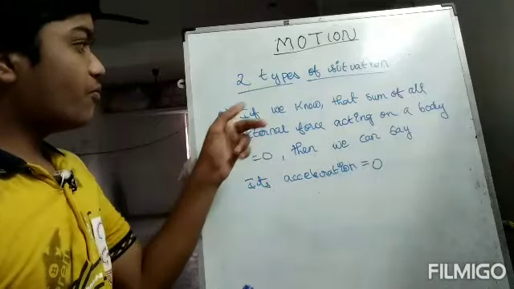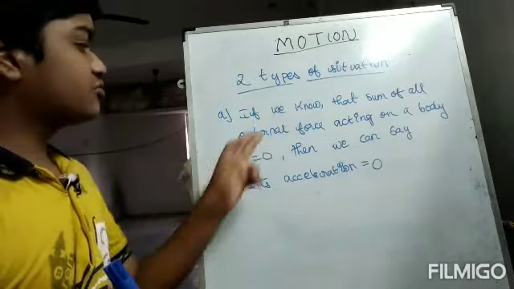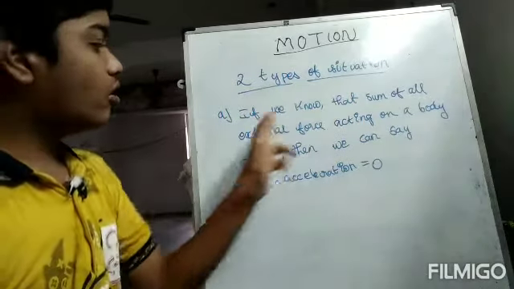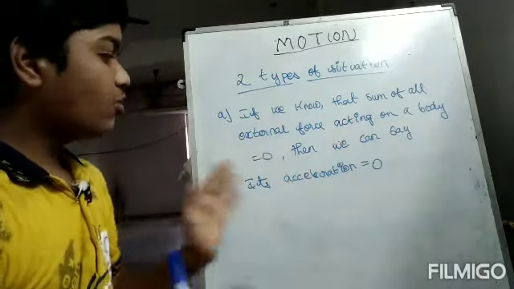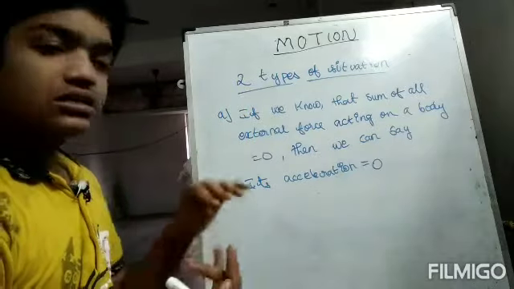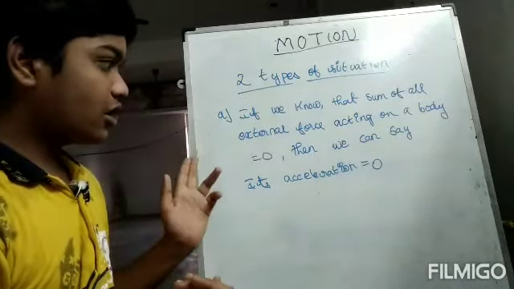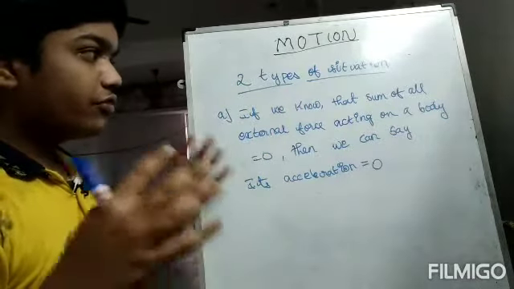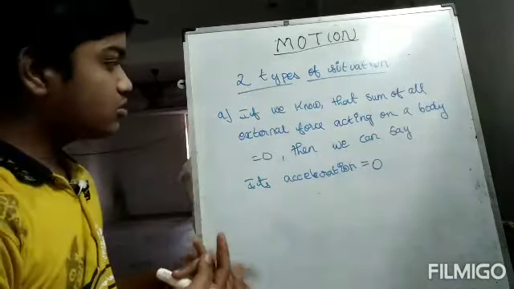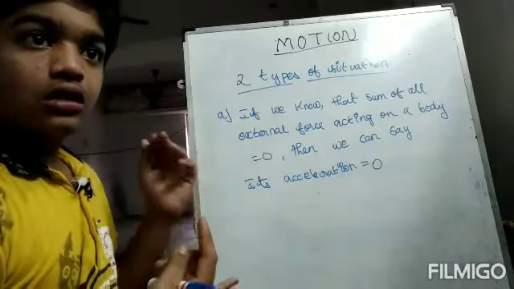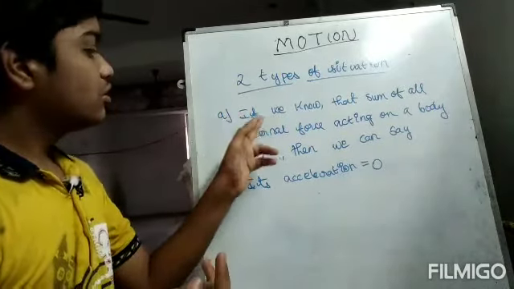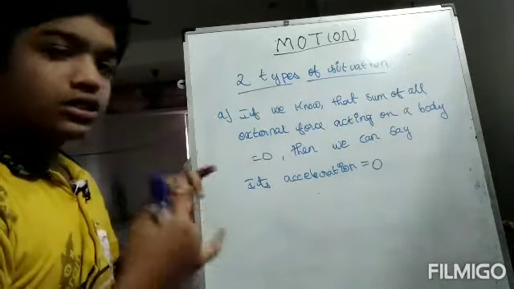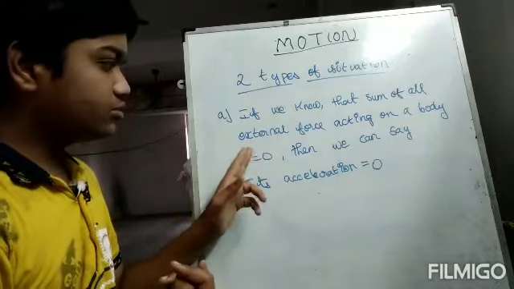To prove the earlier formula, we took two types of situation. First one, if we know that the sum of all external forces acting on the body is 0, then we can say its acceleration will be 0 from the last formula. If the body is in uniform motion or at rest, the sum of all external forces acting on it is equal to 0.